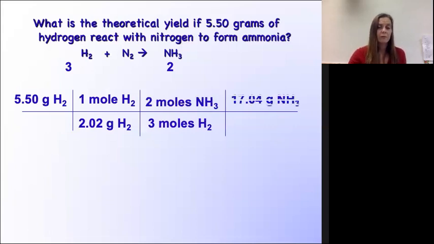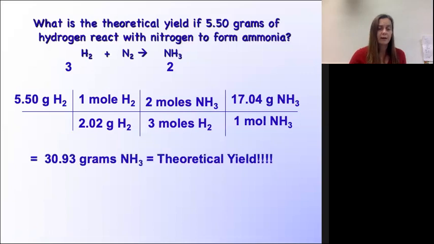And then we're going to use molar mass again to convert from moles of unknown to grams of unknown. And so we find that we have 30.9 grams of ammonia as our theoretical yield. Now, because I know this is not the end of my problem, I've left this 30.93 because I don't like to round until the end of the problem. If this were the end of the problem, I could only have 3 significant figures, but we're going to go ahead and leave this for now.